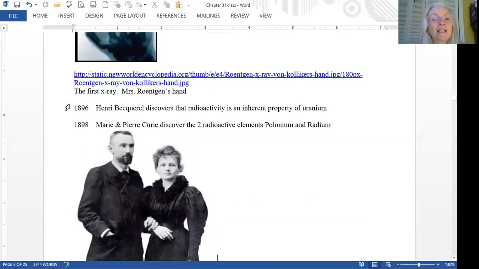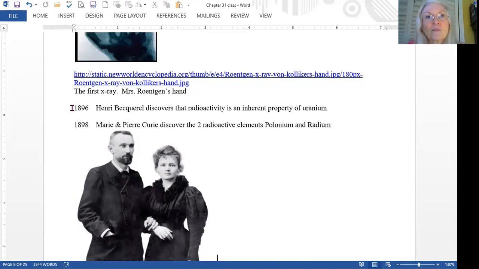In 1896, Henri Becquerel discovered that radioactivity is an inherent property of uranium. Becquerel was looking at pitchblende, and he was noticing that certain materials glowed when exposed to sunlight.